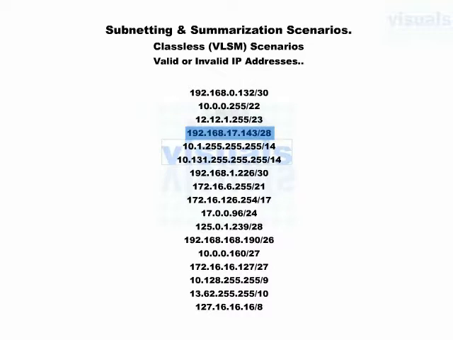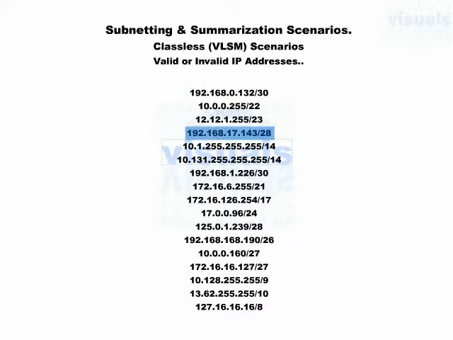Now 0, 16, 32, 48, 64, 80, 96, 112, 128, and 144. Now this is an invalid IP address because 143 is the broadcast address.